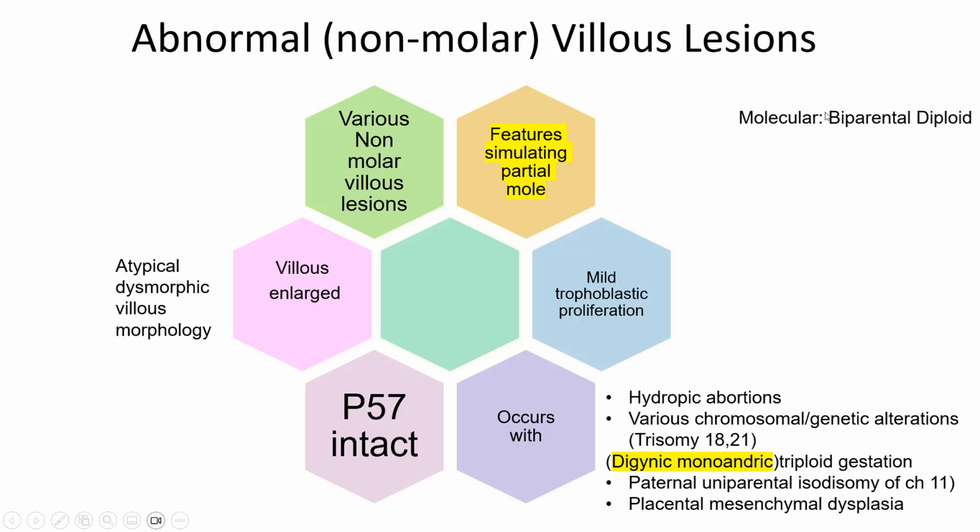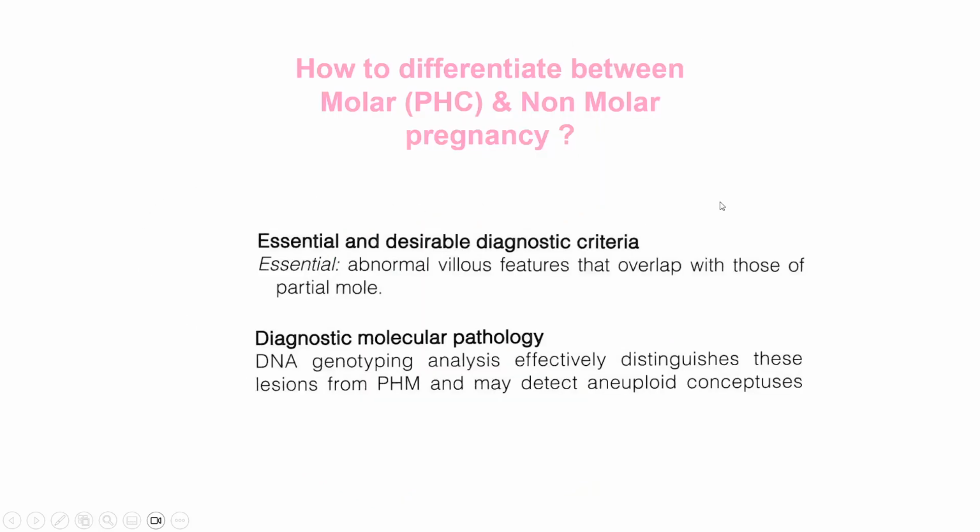These cases are biparental diploid, and they include hydropic abortions, various chromosomal alterations like trisomies 18 and 21, the digynic monoandric triploid I told you about, and placental mesenchymal dysplasia. All of these simulate the partial mole in their features, and they have P57 expression. So how are we going to differentiate between these and the partial mole? We need molecular pathology, DNA genotyping, to differentiate between them.